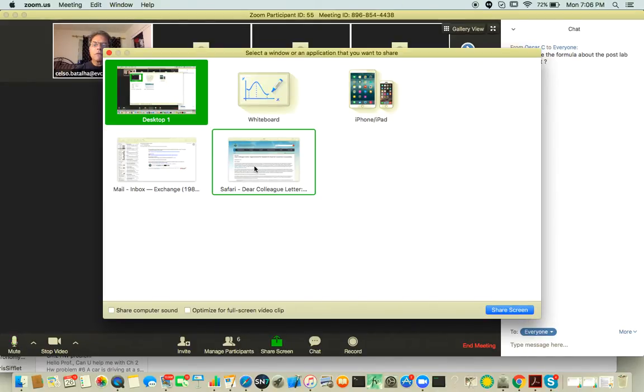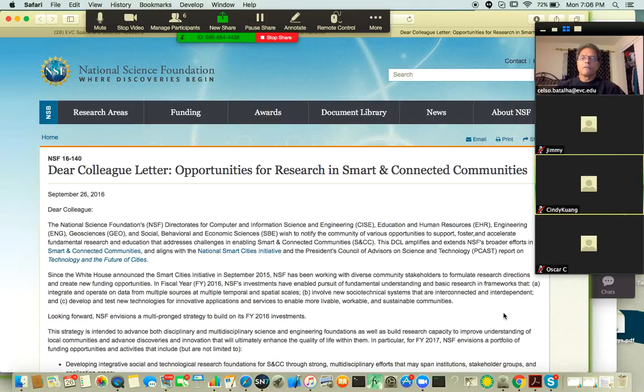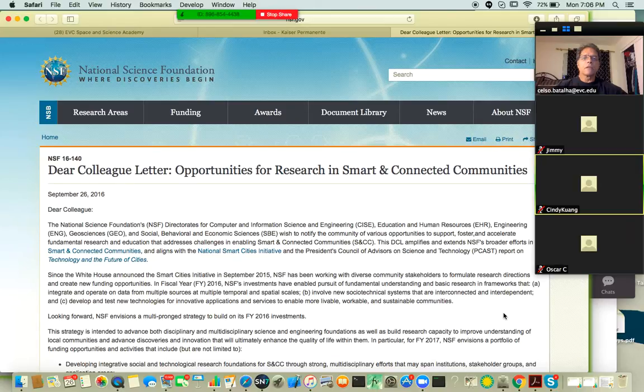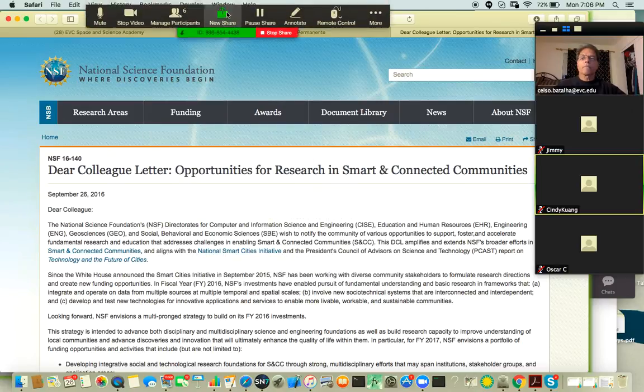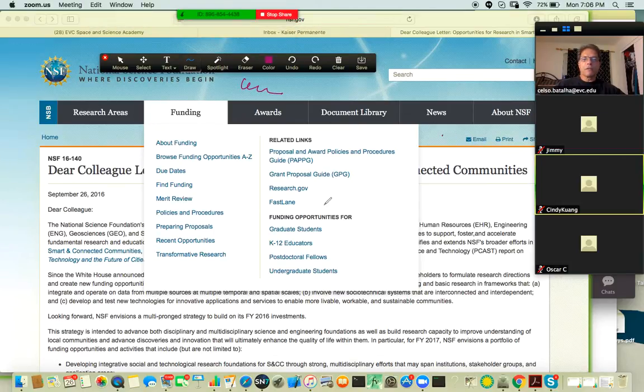It's a PDF, I was reading this thing. If you have a stylus, you could annotate, you could write on it, and then we can communicate that way. It's very efficient, right?